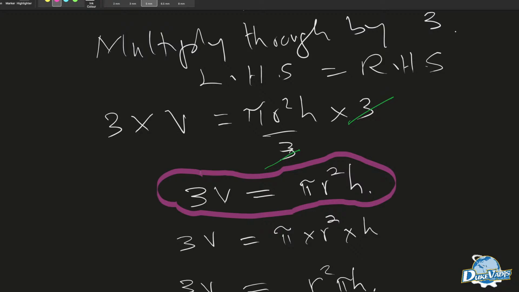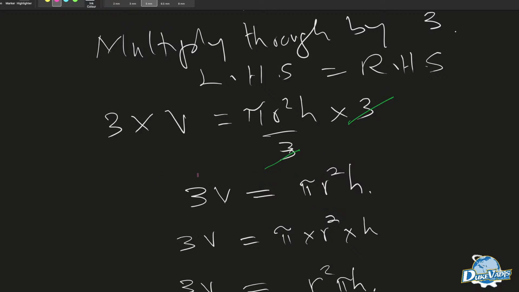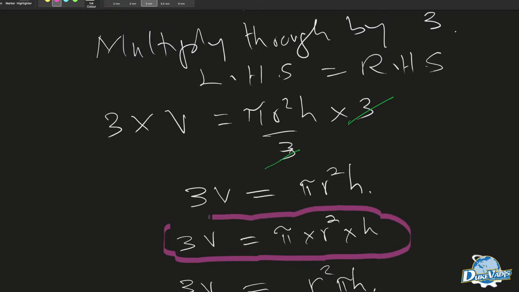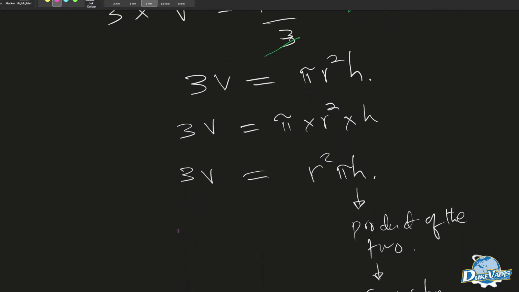Then we want everybody to understand why the equation is standing the way it is. We said 3v is equal to pi times r squared times h, and this can also be written as you can see over here.